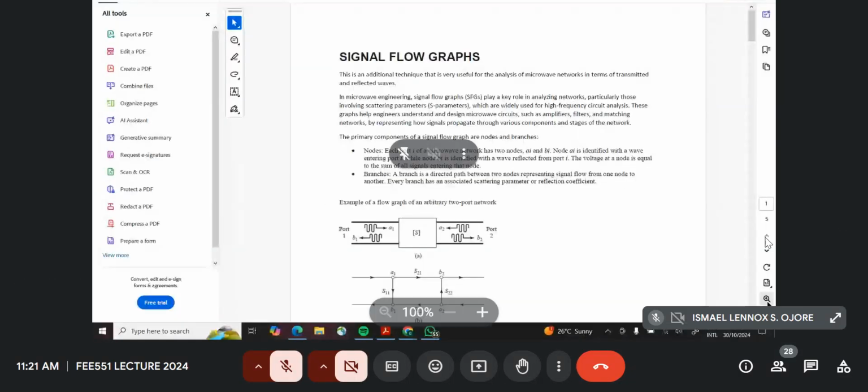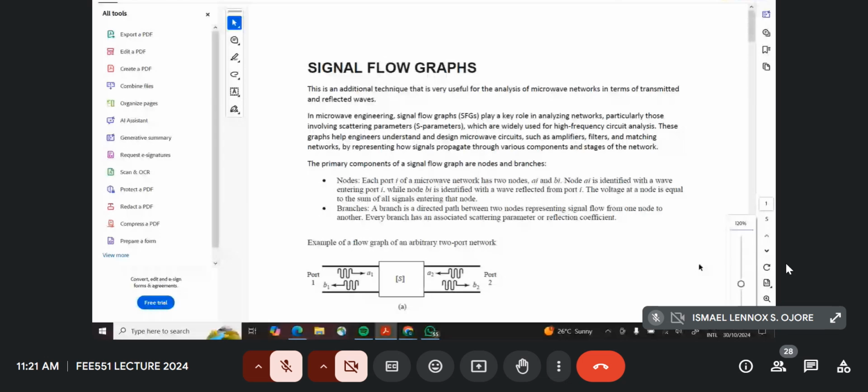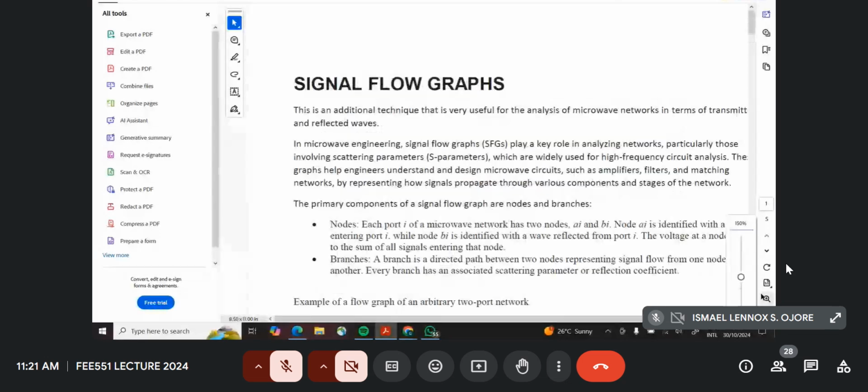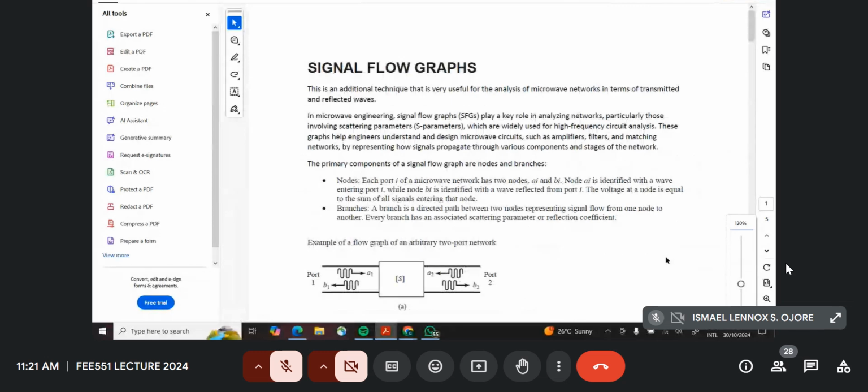Is that okay? Yes. So this technique is another way of solving the scattering parameters.